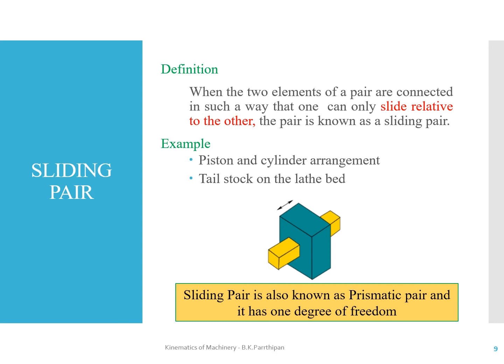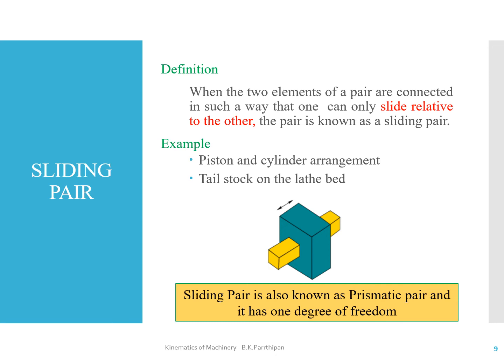So the example is piston and cylinder arrangement. So the piston will reciprocate inside the cylinder. And another example is tailstock on the lathe bed.